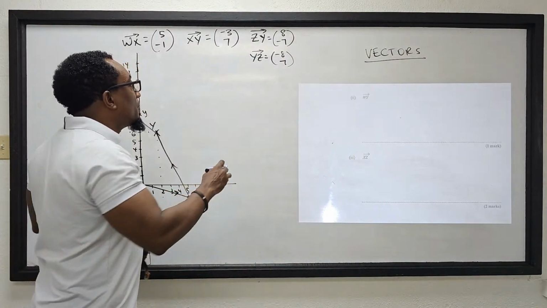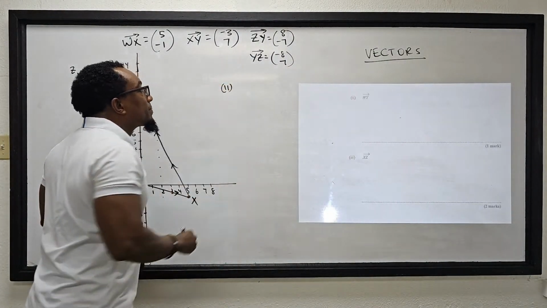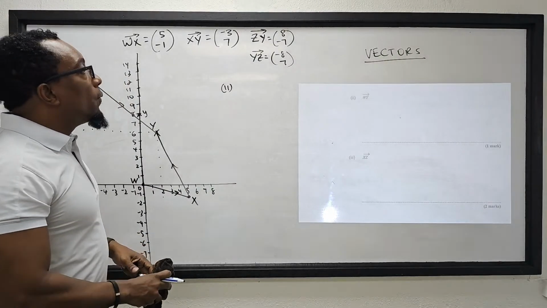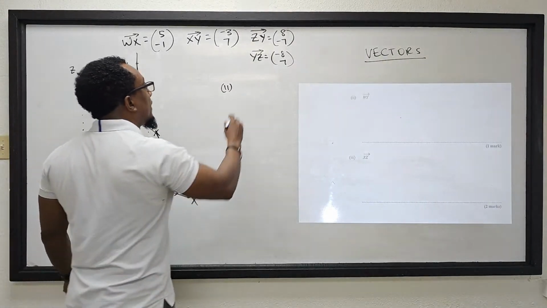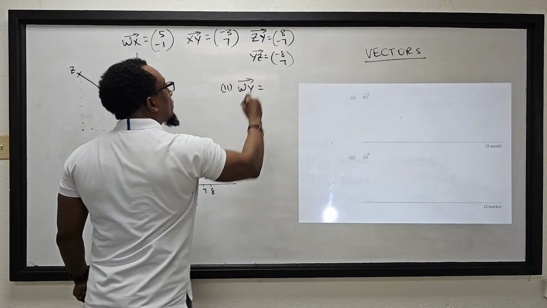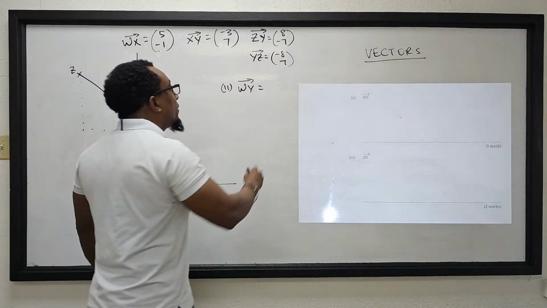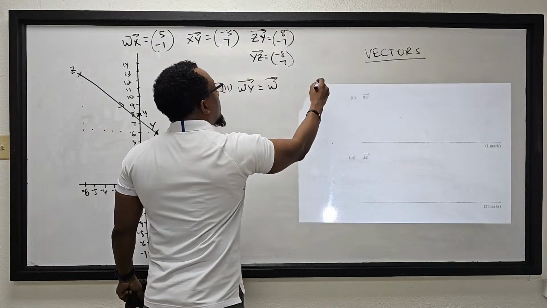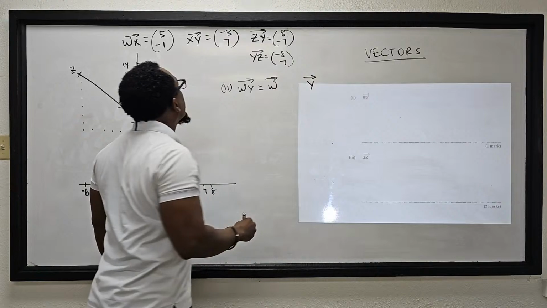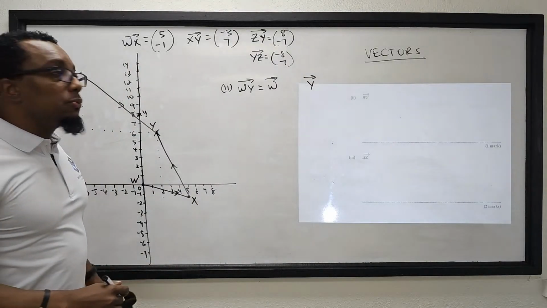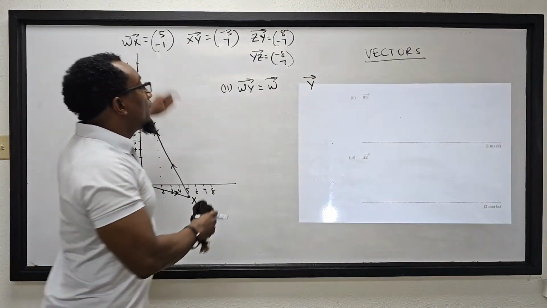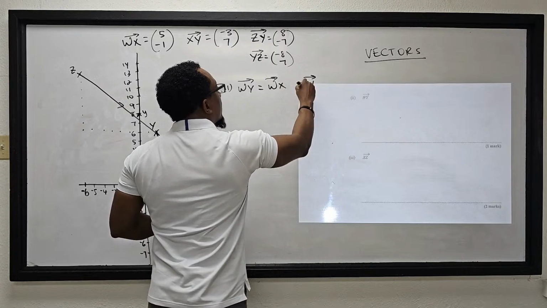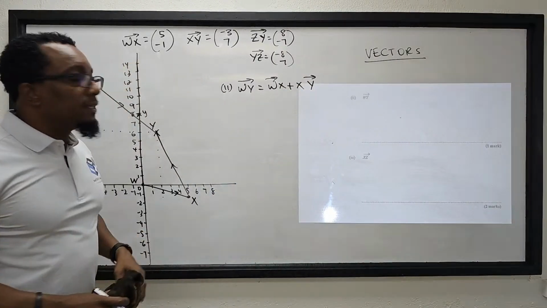Let us now move on to part 2 to find WY simply. We start with W, we end with Y. Good? And make sure you have the same two letters at the middle, which will be your X's. WX, XY will give you WY. Straightforward.